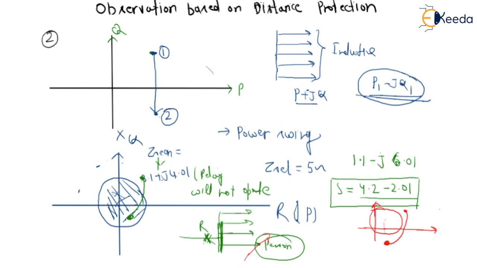Now if any other industrialist is changing load in terms of capacitive, power swing is happening, and just because of the load change the relay should not operate. So the impedance relay should be converted into this Mho relay. This is why we use the Mho relay in case of power swing.